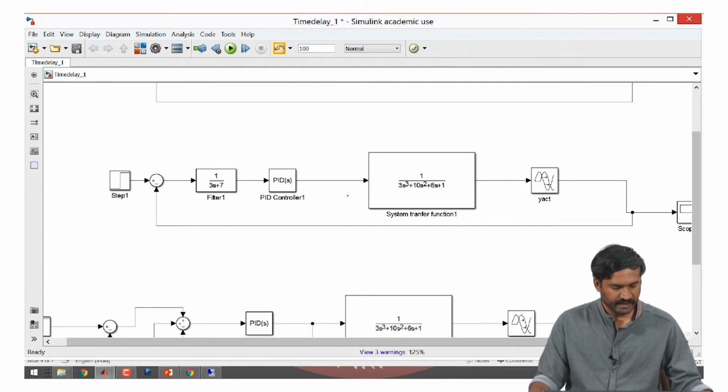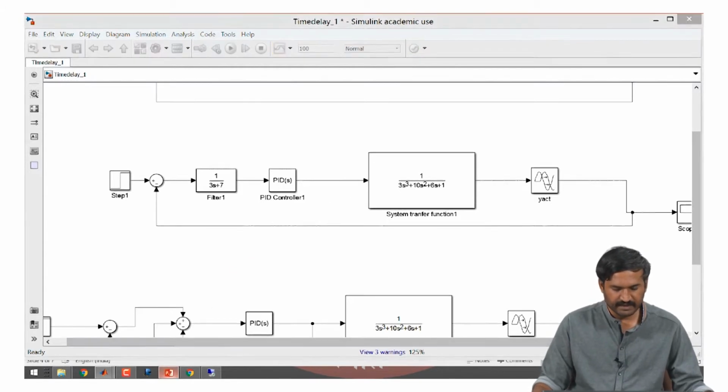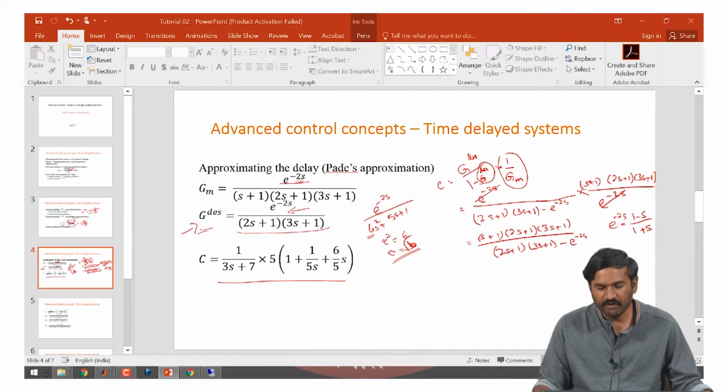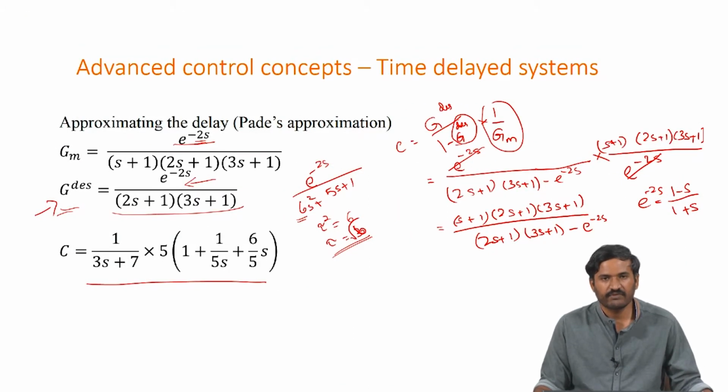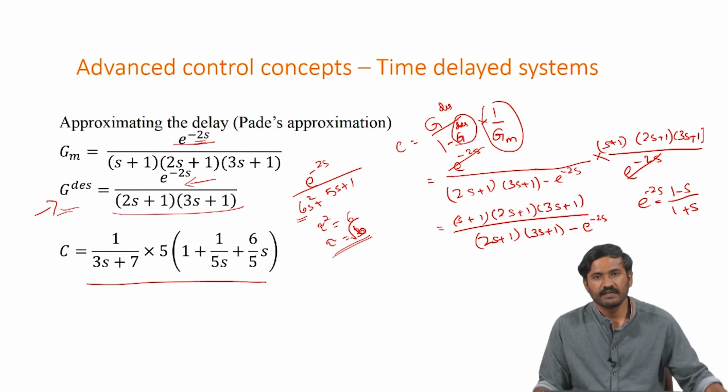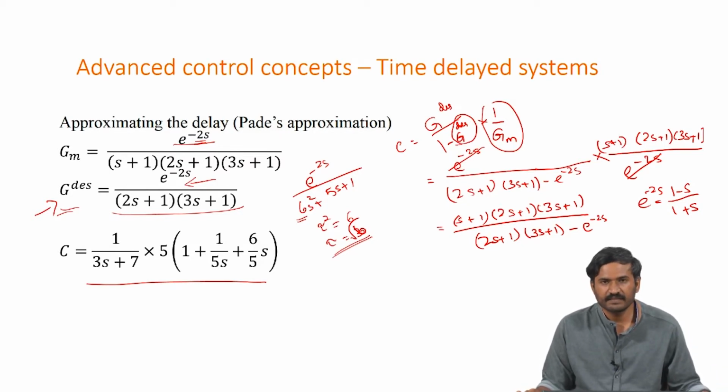Now, the next question we can ask is, if the model time delay which we have and the process time delay are not matching, then how will this controller work for processes which have different time delays. The key thing to remember is that we have seen this already in inverse response systems.